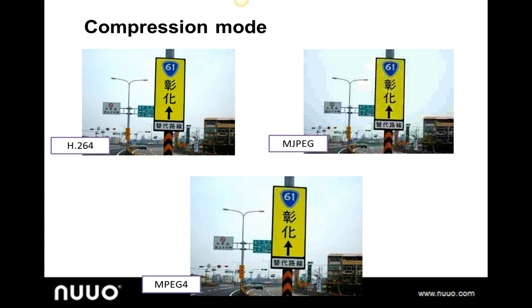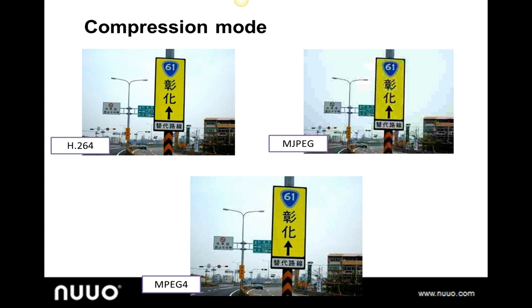On the other hand, MJPEG has the lowest compression ratio, so you can see the video quality is not that good. But there's a trade-off: if you use H.264, you will increase the loading on the camera side, and also on the client PC side, because compressing and decoding the data in the H.264 format requires higher CPU loading.